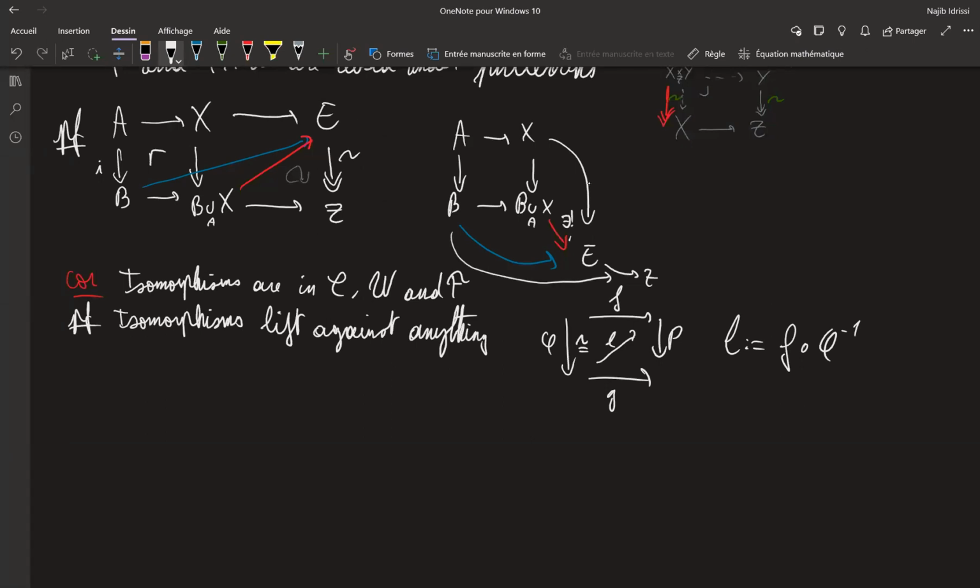When you go from B to E to Z, you go like this. This is the same as going like this. And this is the same as this, which is the same as this. So basically this map. Sorry, you want to check that this composition is equal to the direct map from B union AX to Z.